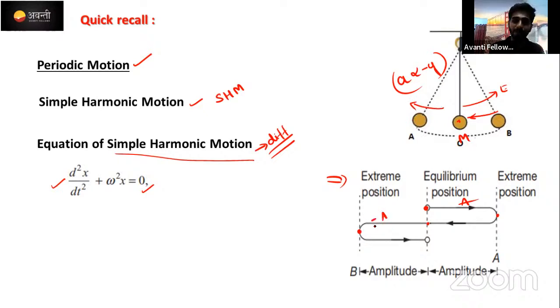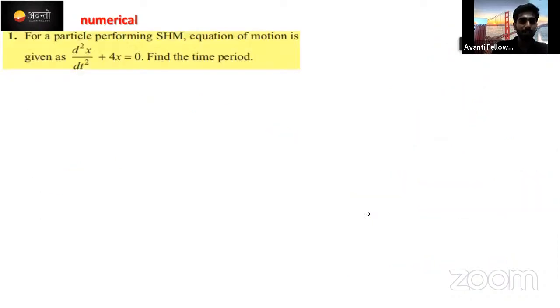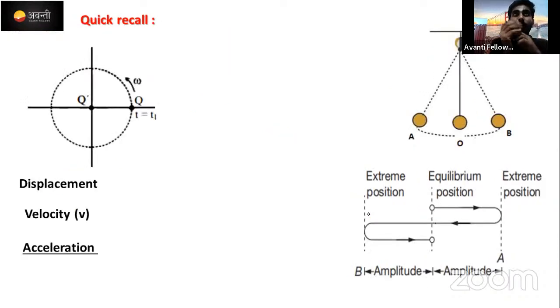That's why we are representing it here with a negative sign. Here both are amplitude only from the mean position. This also we discussed in the last class, and based on this concept we discussed three equations.